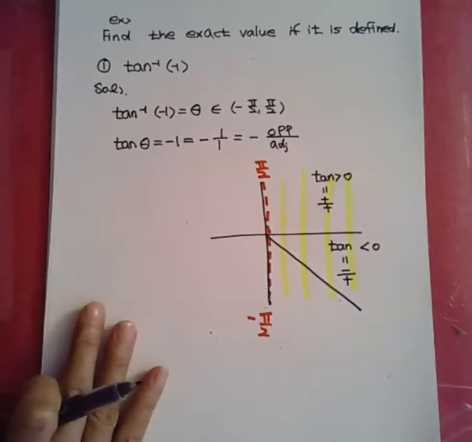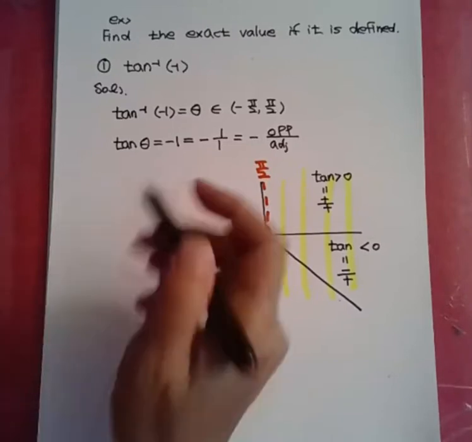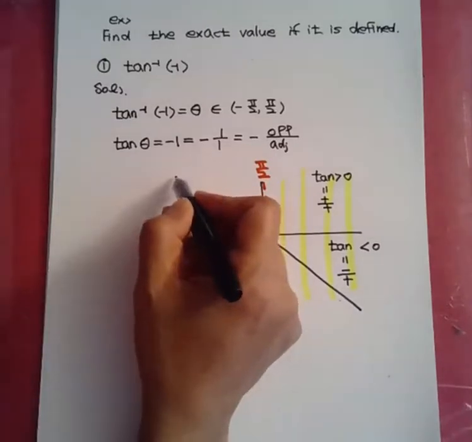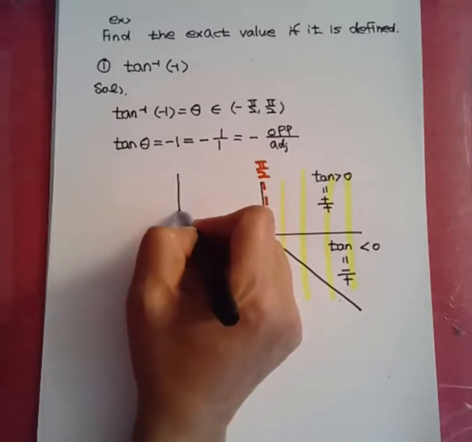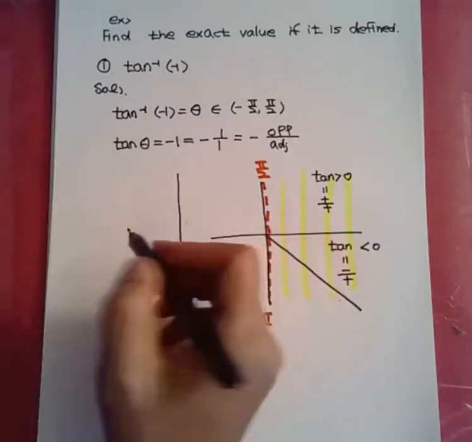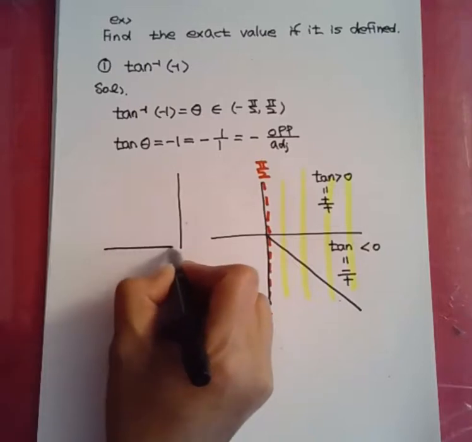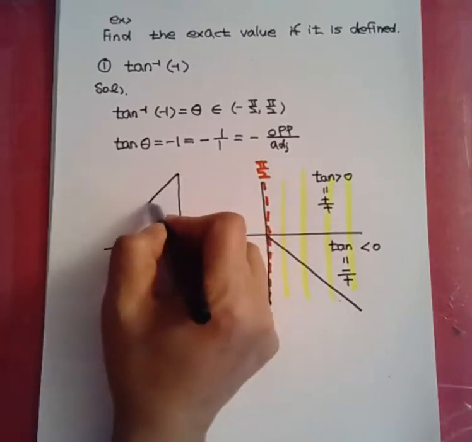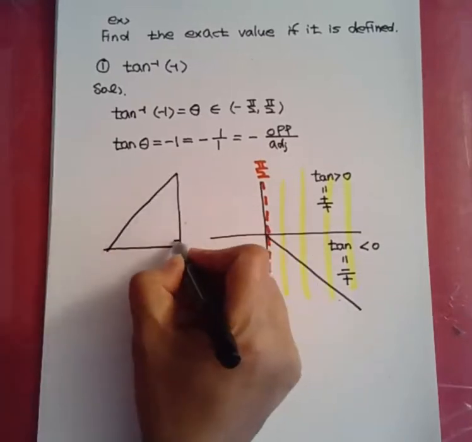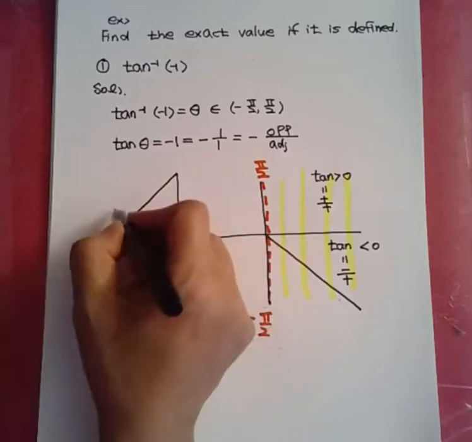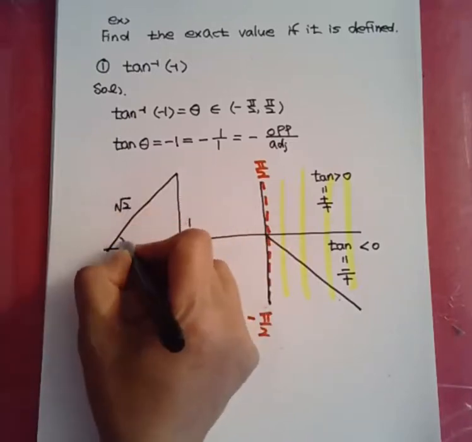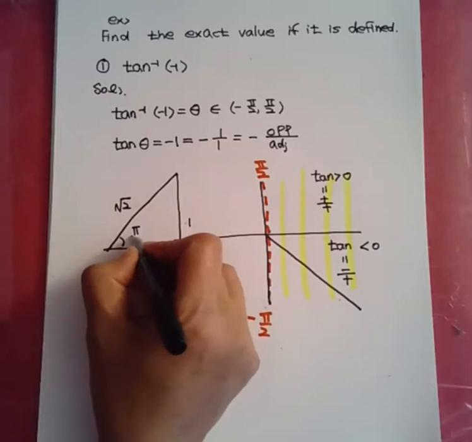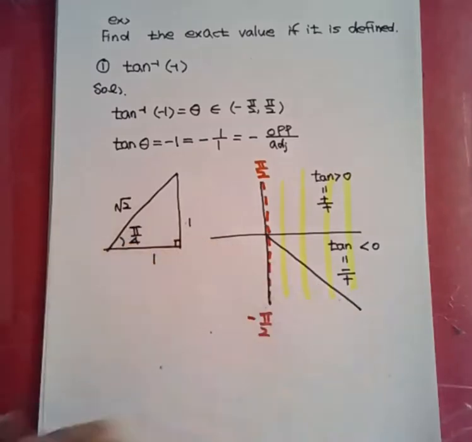The next thing we have to think about is the reference triangle. This time, opposite and adjacent are 1. So it is 1, 1, square root of 2, which is a 45, 45, 90-degree triangle.